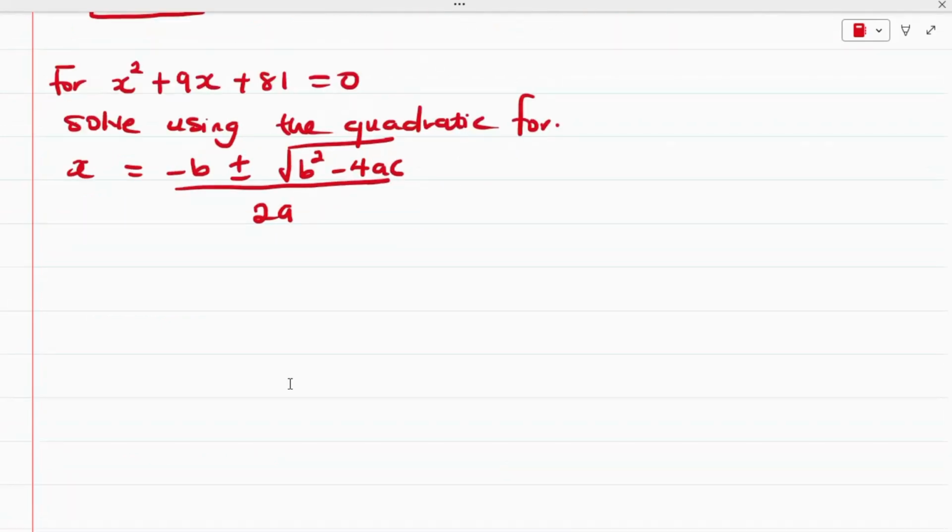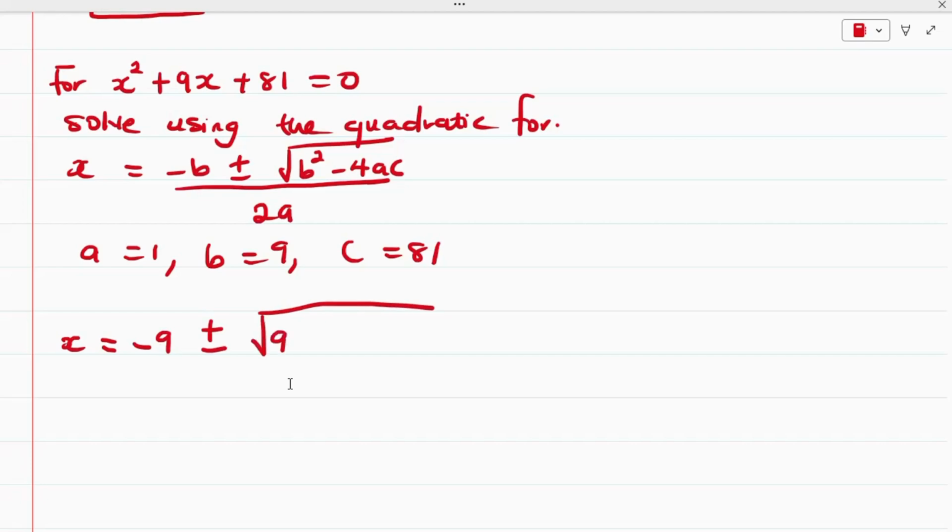And from this part we have that a is equal to 1, b is equal to 9, and c is equal to 81. So from here we have that x is equal to minus 9 plus or minus the square root of b squared, which is 9 squared, minus 4, multiplied by a, which is 1, multiplied by c, which is 81, all over 2 multiplied by a, which is 1.